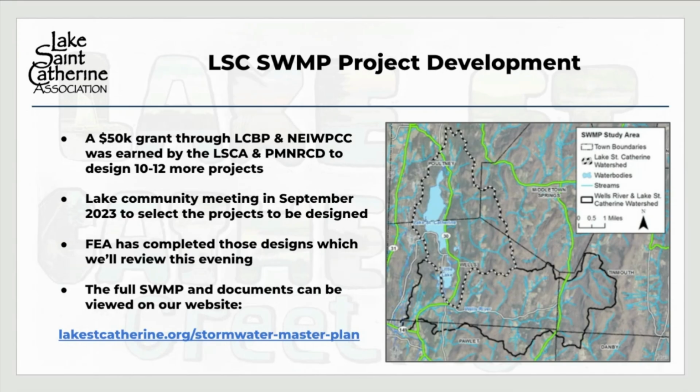Those selections went to Evan, and then he started working on the designs for those projects. Those have been completed, and those are what we're going to take a look at tonight. If you want to learn more about the Stormwater Master Plan, that's the link on our website: lakestcatherine.org/stormwater-master-plan.